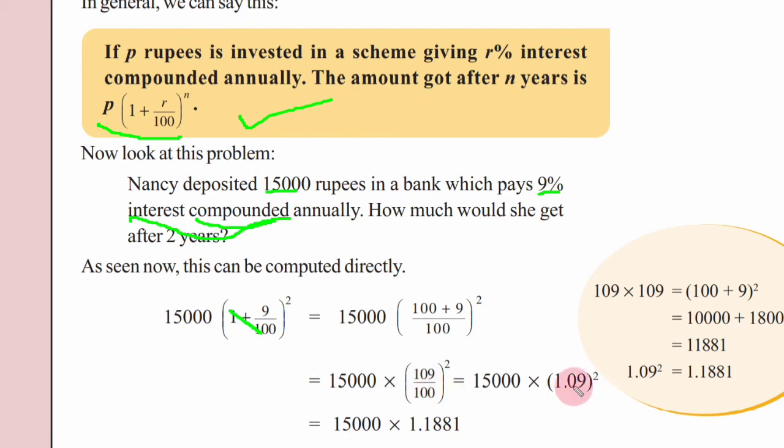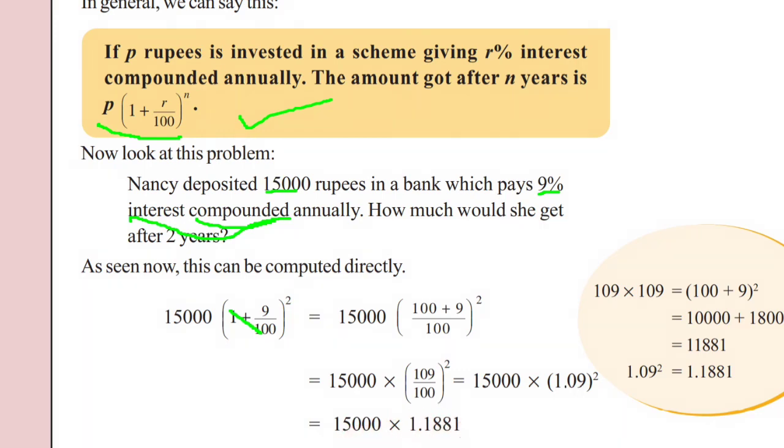Okay, so 15,000 into 1.09 the whole square. Then how do we find 1.09 the whole square? You can multiply 1.09 by 1.09, and we have the value equal to 1.1881.